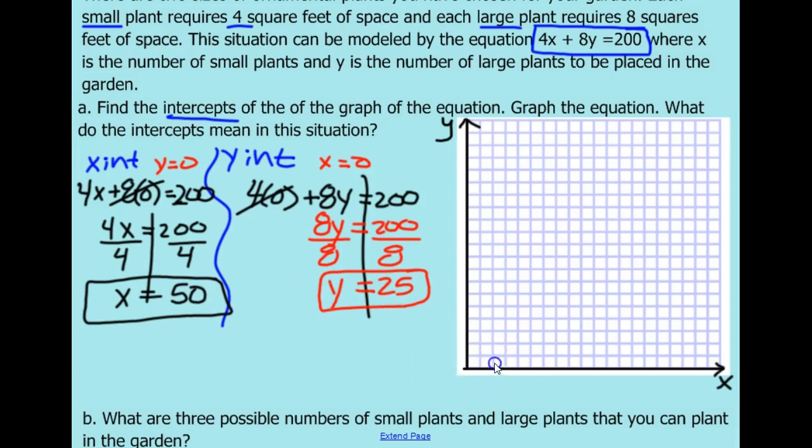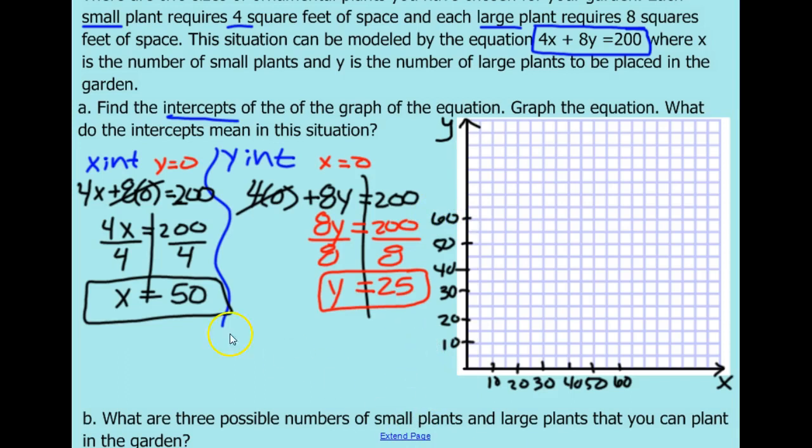So I'm going to only label every other one so that my numbers fit: 10, 20, 30, 40, 50, 60. That should be plenty. And going this way, this would be 10, 20, 30, 40, 50, 60. And we could have used a little bit more of our graph maybe, but that's okay.